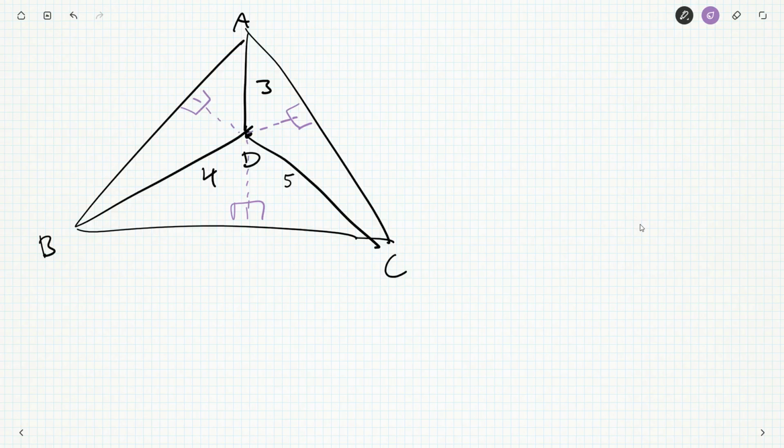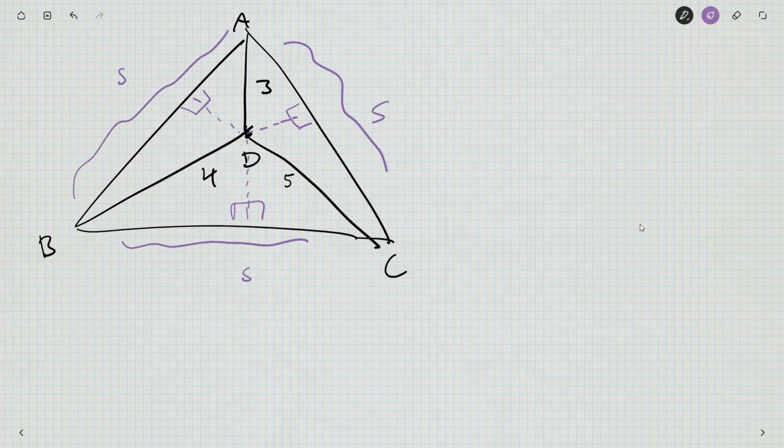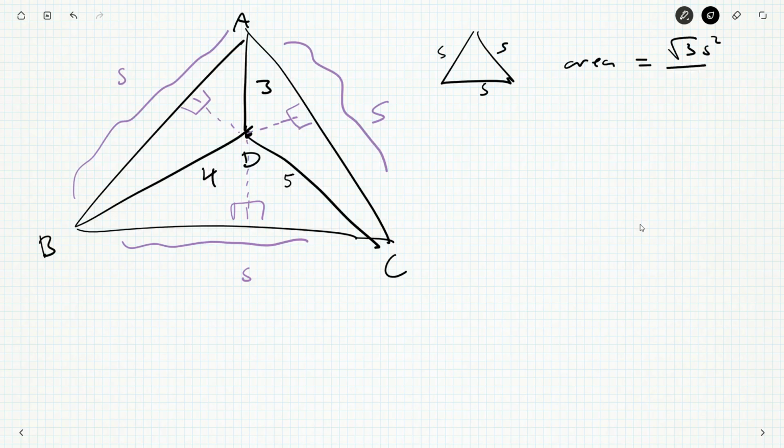But it is an equilateral triangle, so if instead I call the side length S, an equilateral triangle with side length S has area root 3 S squared all over 4, and you can prove that with some trig. So either way, trig is sort of the way to go.